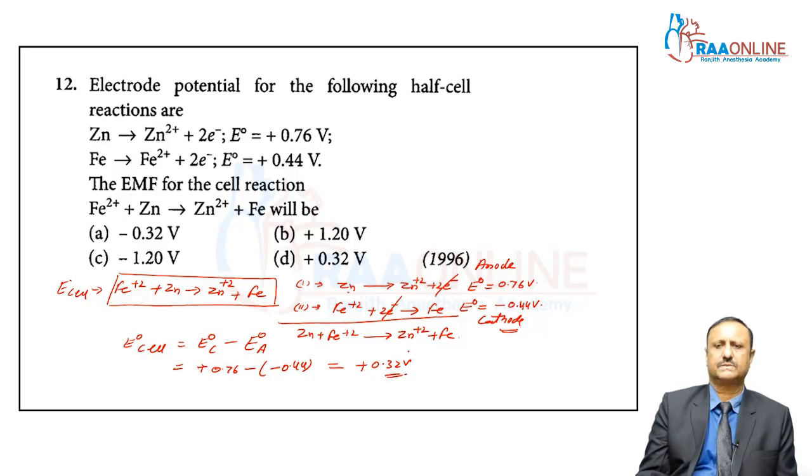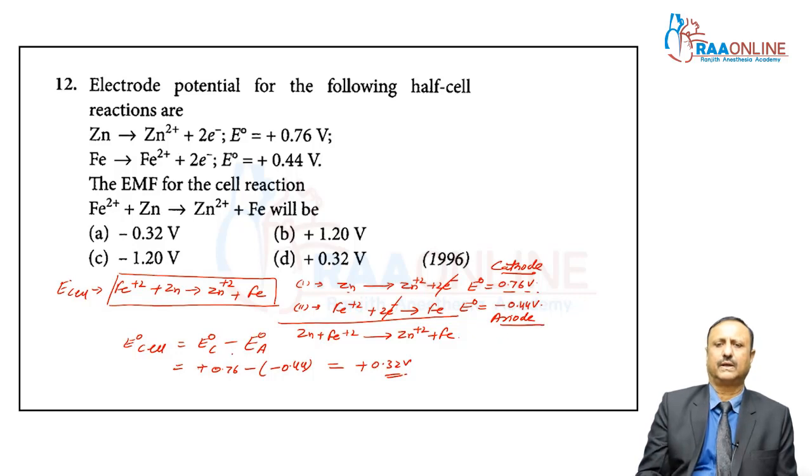Because my dear students, here this zinc and iron, you can see this cathode is 0.76 volt, this is zinc because the value is higher and this value is lower for reduction, and so my dear students it acts as an anode.